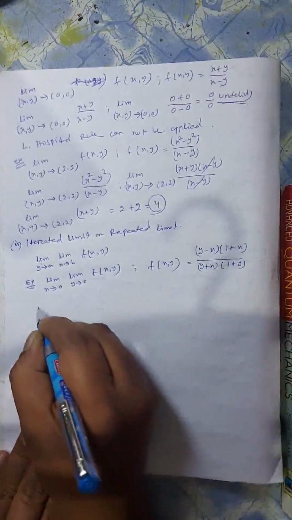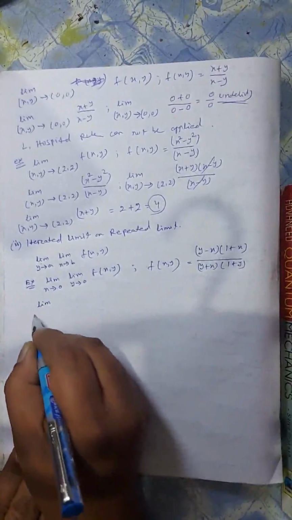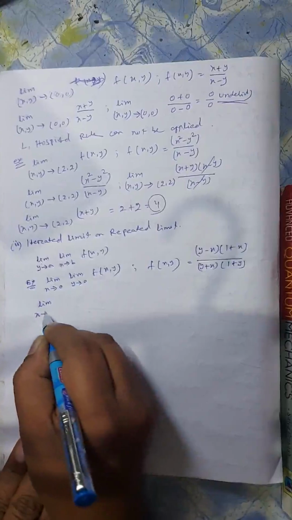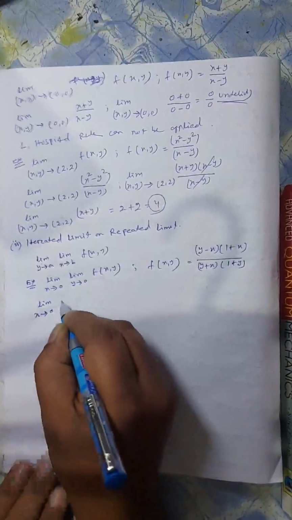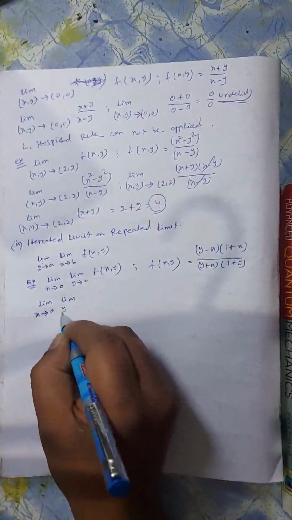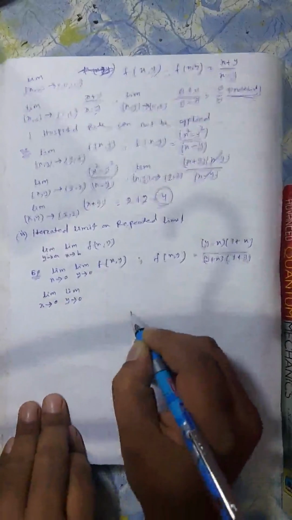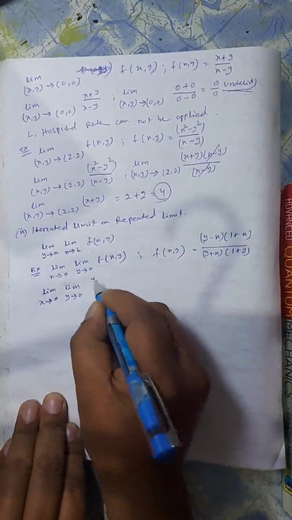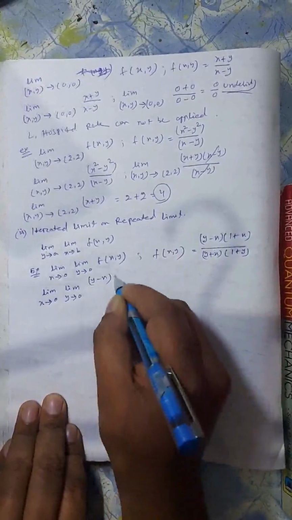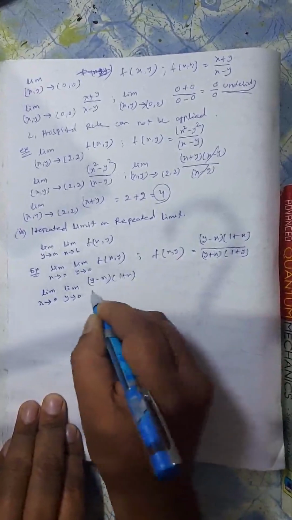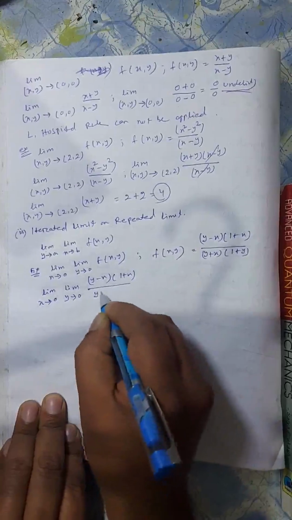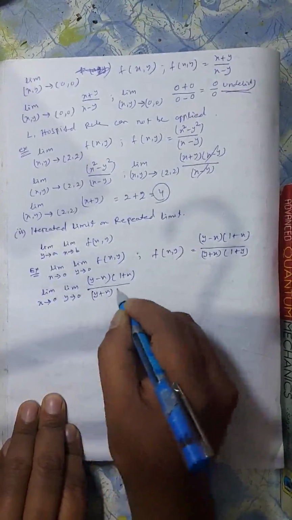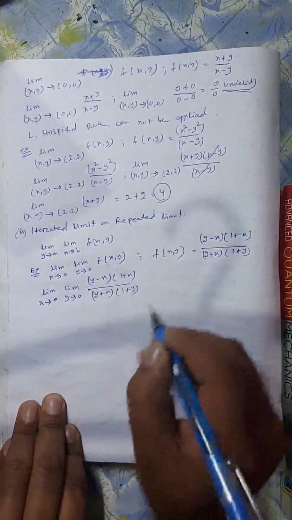That means we can write limit x tends to 0 of limit y tends to 0, and in place of f of x,y I write this one, (y minus x)(1 plus x) divided by (y plus x)(1 plus y).